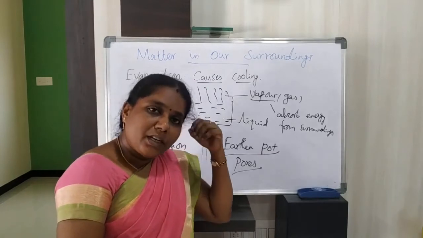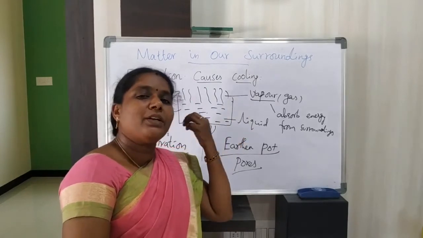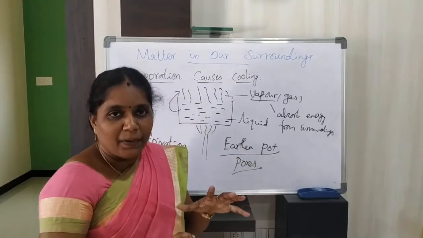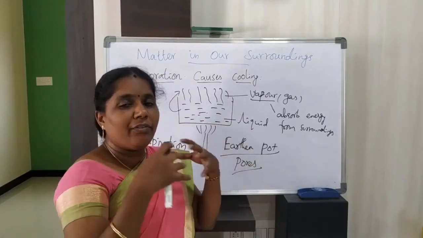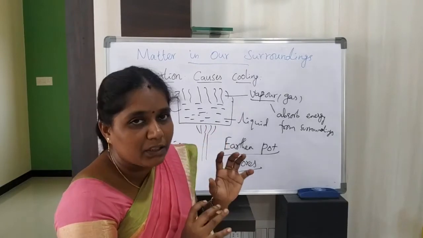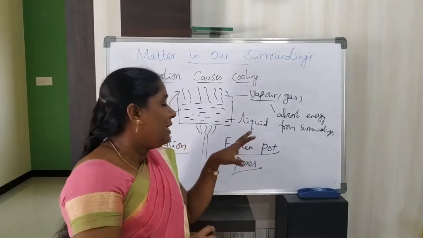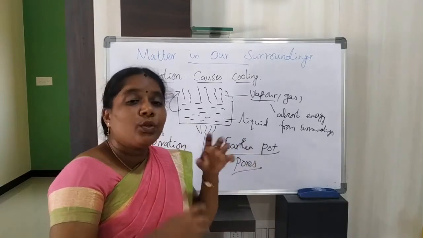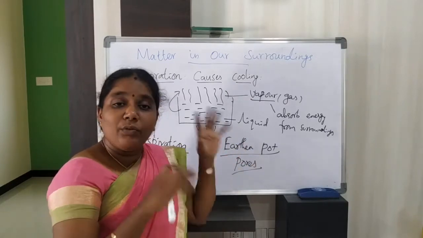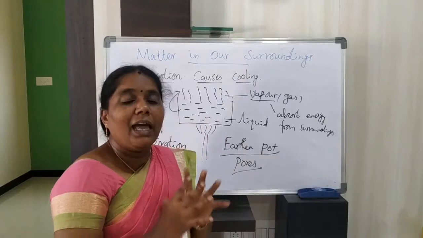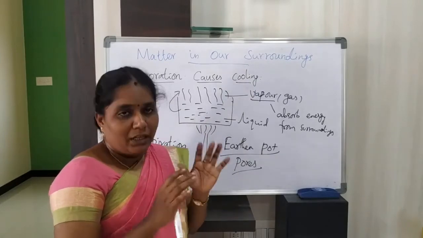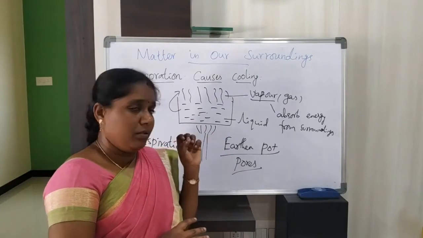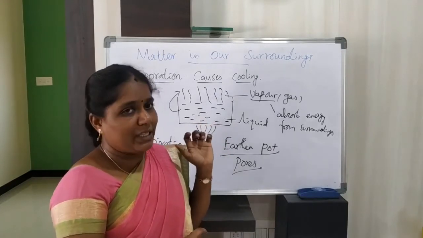So when temperature increases, the rate of evaporation also increases. Due to that reason, during summer, if you keep water in an earthen pot, what happens generally? It has some small minute pores. Through those pores, the water absorbs energy from the surroundings and always stays cool inside the pot. So in this way, we get the earthen pot water cool always.